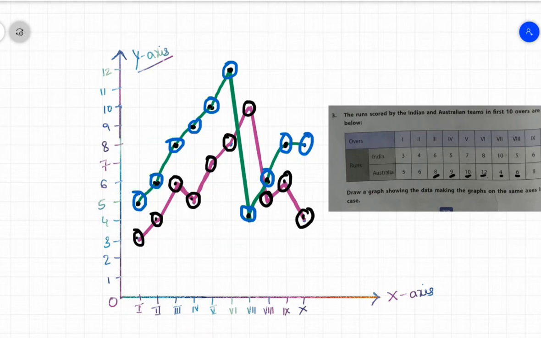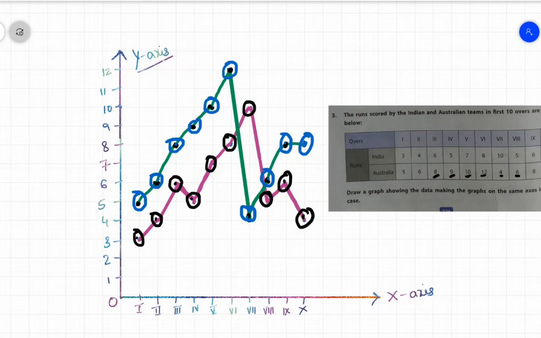Now see children, when you join the points, for first over Australia was having 5 runs, in the second over 6 runs, in the third over 8 runs, fourth over 9 runs, fifth over 10 runs, sixth over 12 runs, seventh over 4 runs, eighth over again 6 runs, then ninth over and 10th over it was having 8 runs.